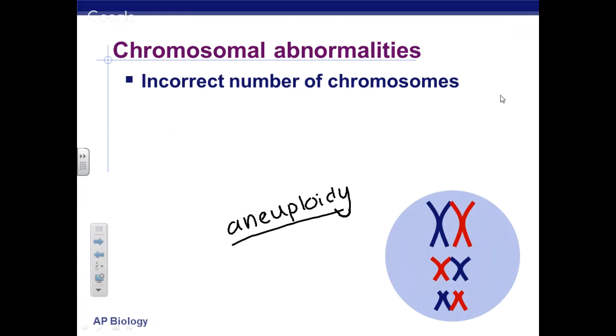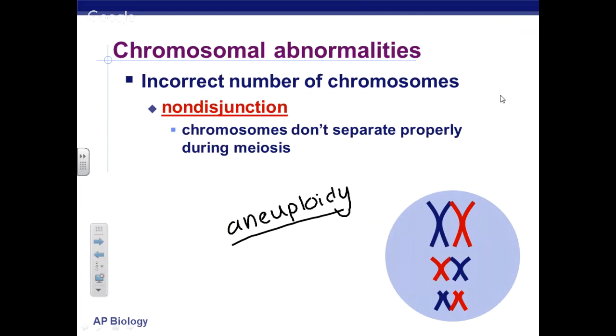It's having too many or too few chromosomes, maybe just one or two of them. It's not having too many or too few of all your chromosomes. If you have an extra of all of them, that's called polyploidy, and that's not this. Aneuploidy occurs through something called nondisjunction. Nondisjunction is when the chromosomes don't separate properly during either anaphase 1 or anaphase 2 of meiosis.